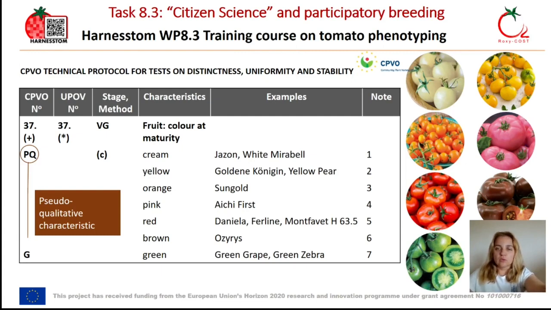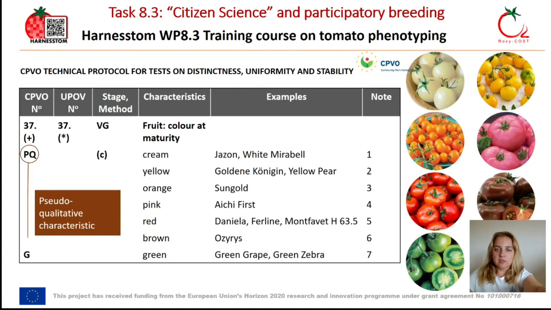It is a pseudo-qualitative characteristic, which means that each individual state of expression needs to be identified to adequately describe the range of the characteristic. Here, all 7 states of expression are presented. Under the CPVO number column, we see a plus in parentheses.